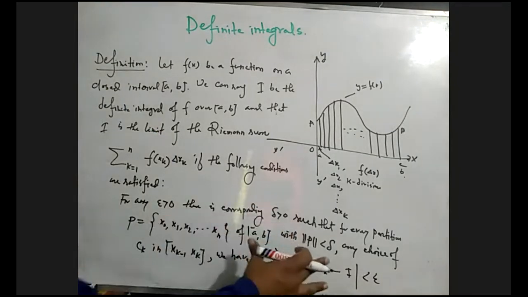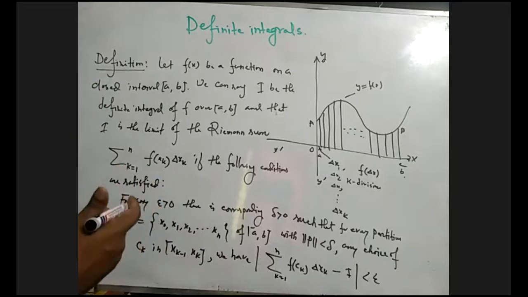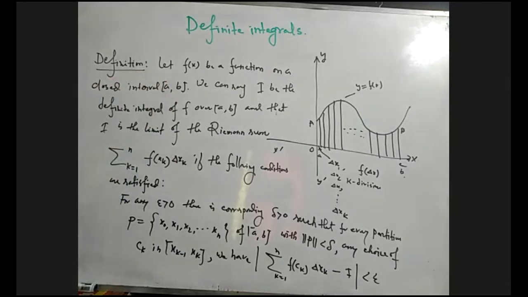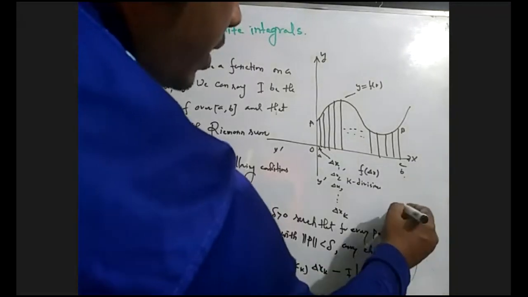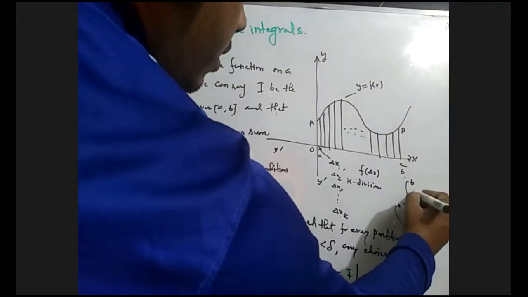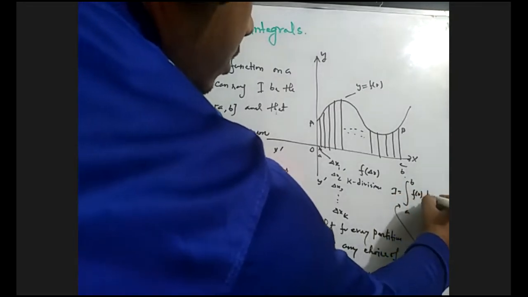So if these conditions are satisfied, then we can say that f of x has a definite integral on the closed interval AB, and it is denoted by I equals the integral from a to b of f of x dx.